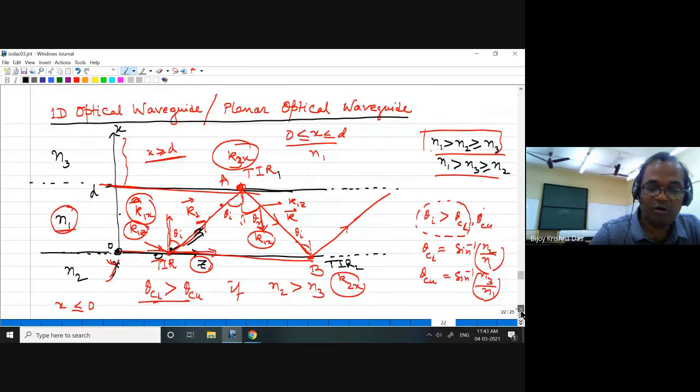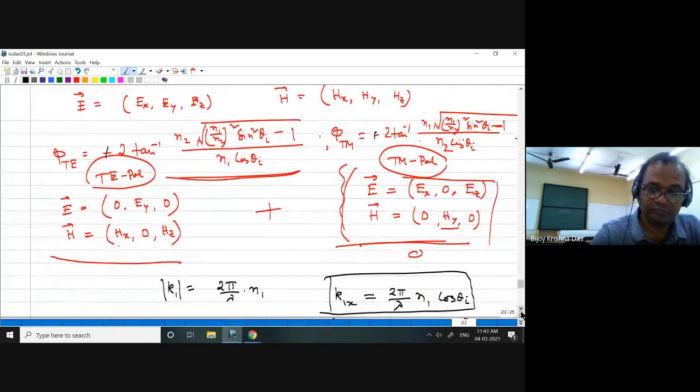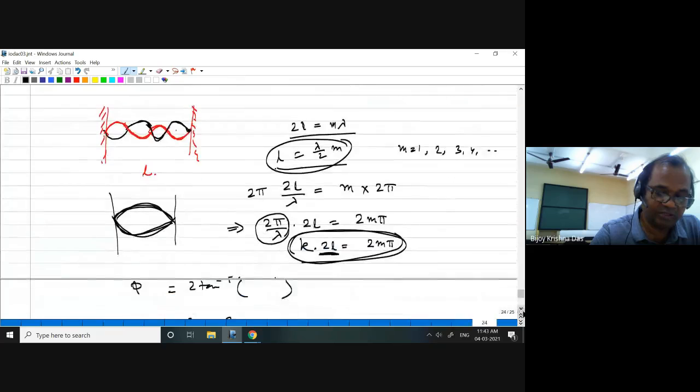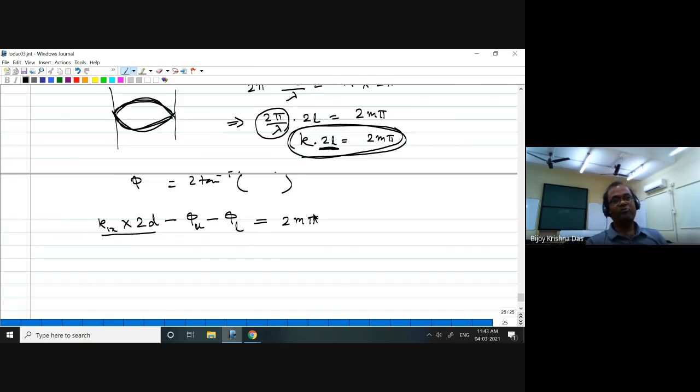So keeping that in mind, I say that the total phase shift I am getting, k1x because of the path, plus one total internal reflection in the upper and then total internal reflection in the lower, if this is exactly equal to 2m pi, then you will have some kind of standing wave for the x component.